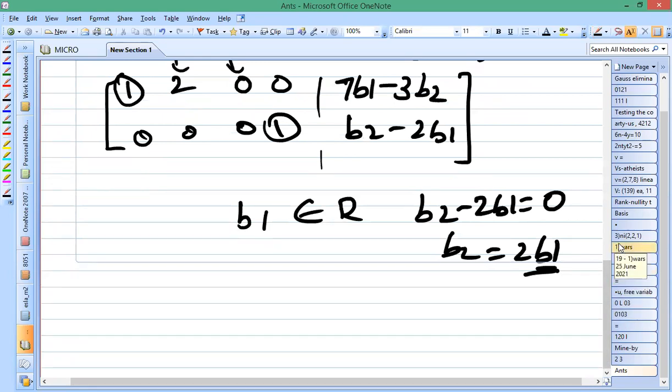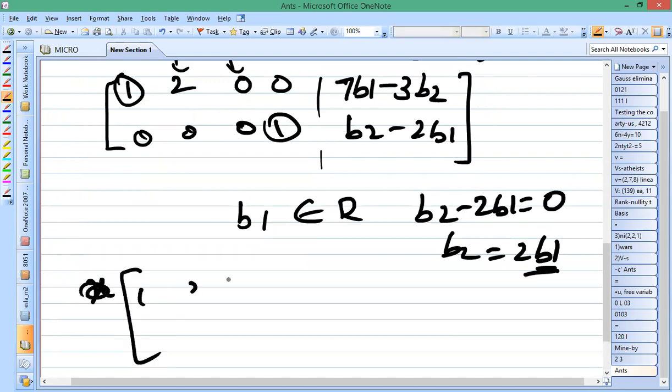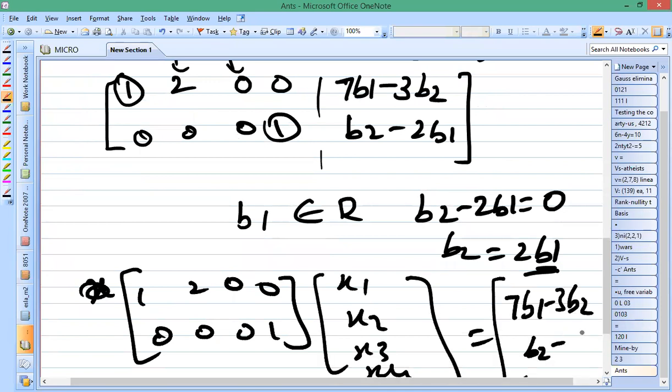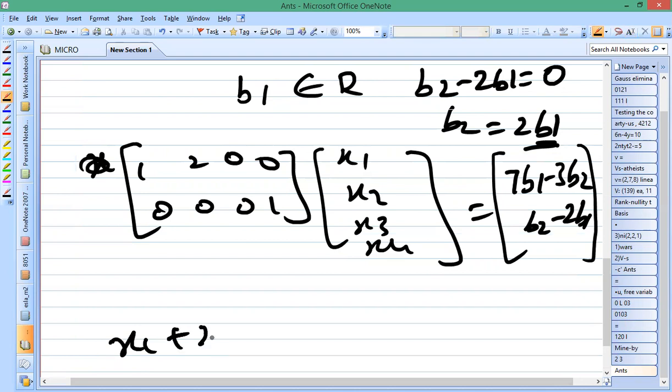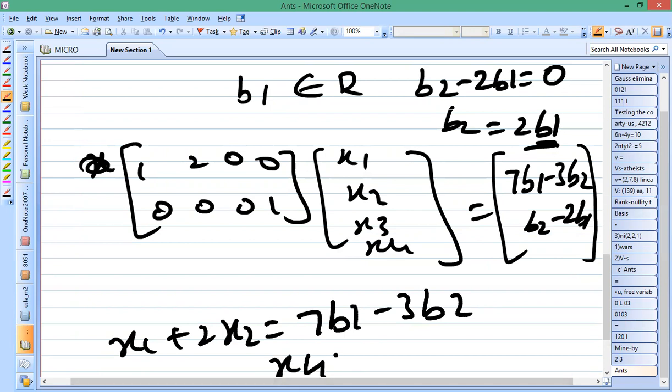Now considering this reduced form, [1, 2, 0, 0; 0, 0, 0, 1] multiplied with [x1, x2, x3, x4] is equal to [7b1 minus 3b2, b2 minus 2b1]. Simplifying, x1 plus 2x2 is equal to 7b1 minus 3b2, and x4 is equal to b2 minus 2b1.